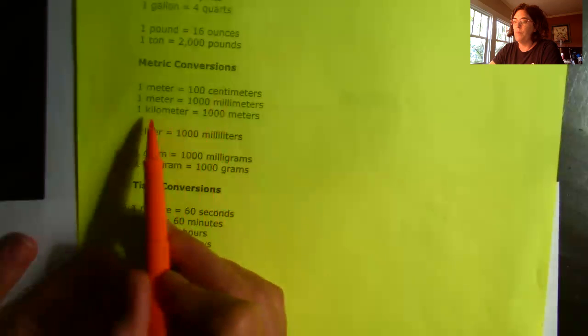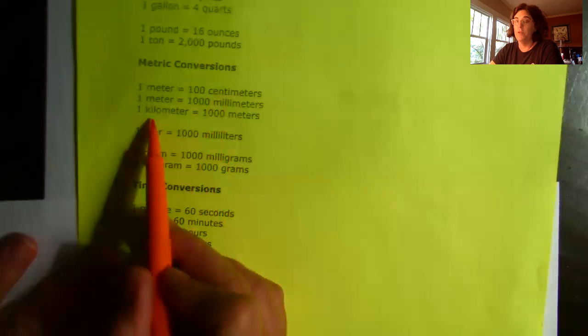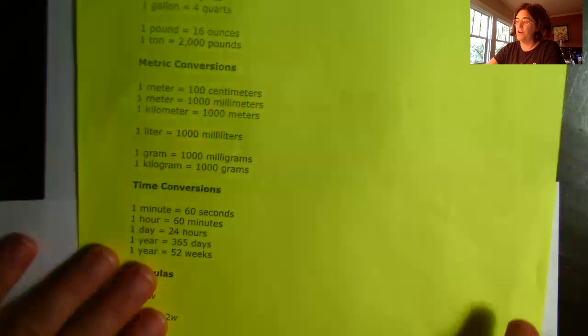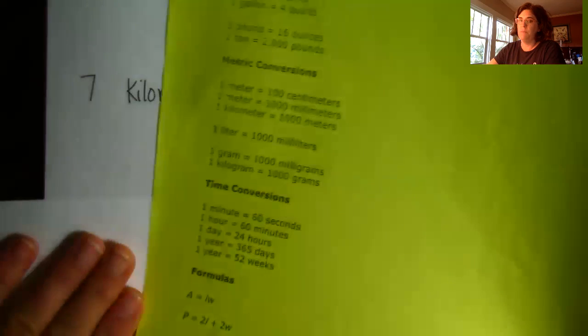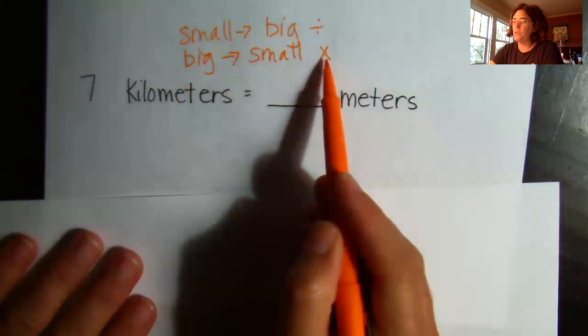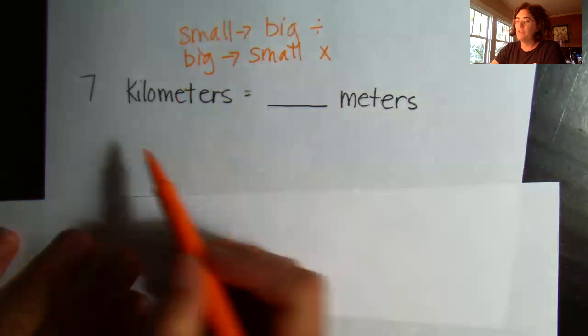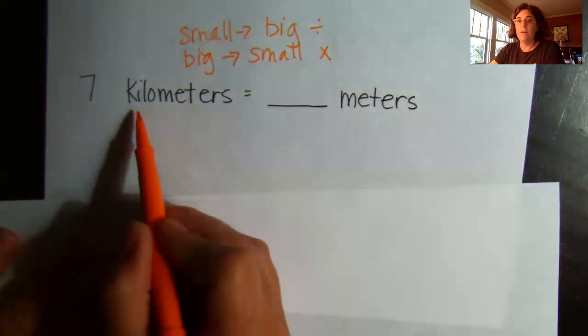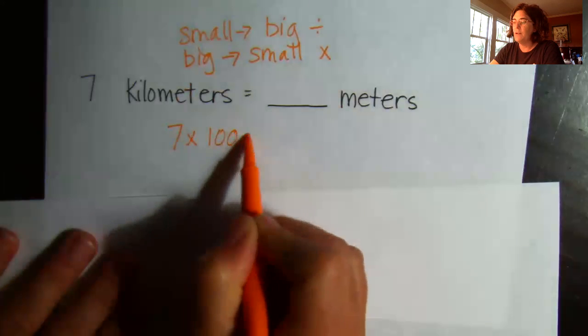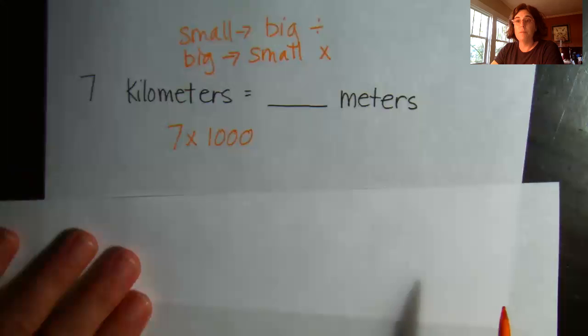So I'm going from big, kilometers, a bigger unit of measure, to a smaller unit of measure, 1,000 meters. So I'm going from big to small, so I'm going to multiply. Now, since 1 kilometer equals 1,000 meters, I'm going to multiply 7 by 1,000. And now we have done this before at the beginning of the year.